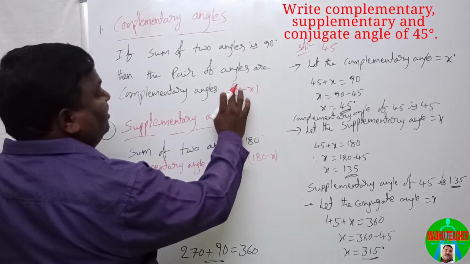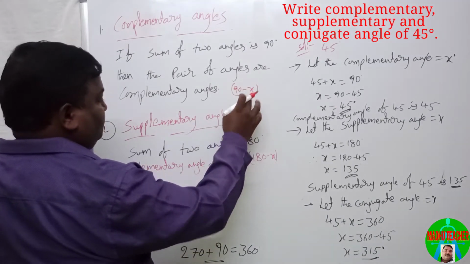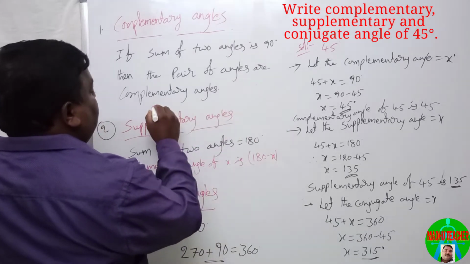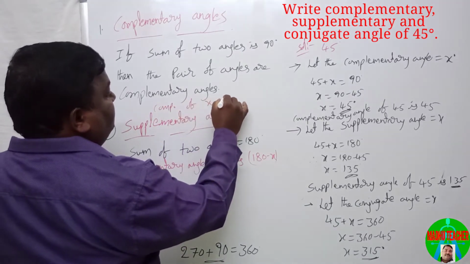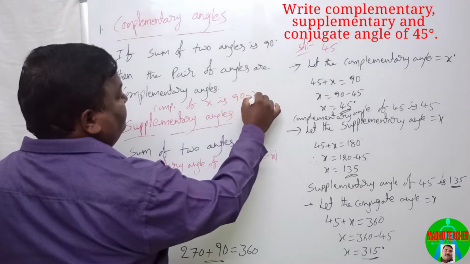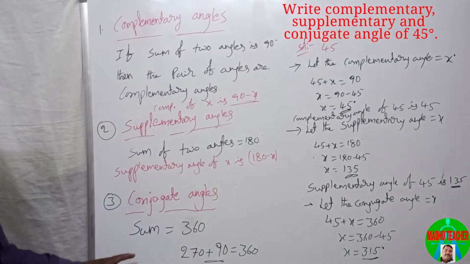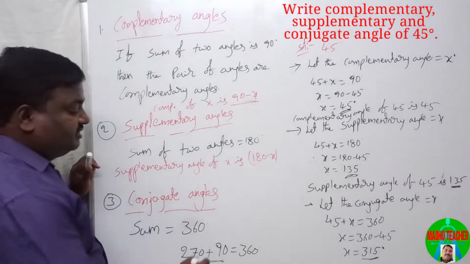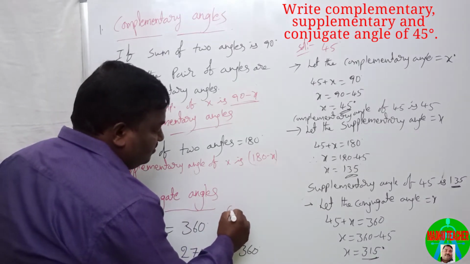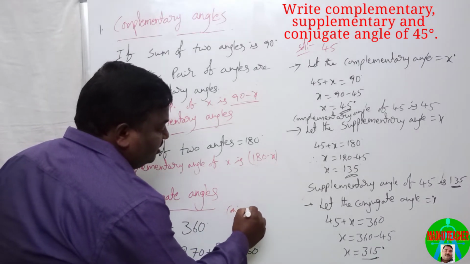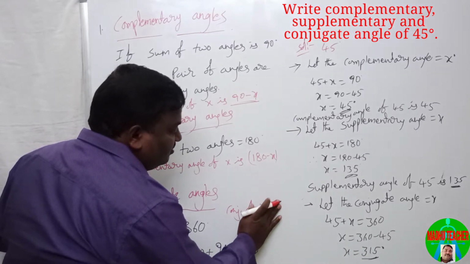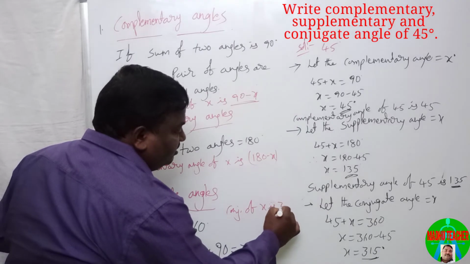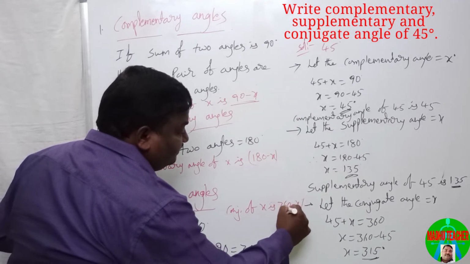Here also, complementary of x is 90 minus x. And the conjugate of x is 360 minus x.